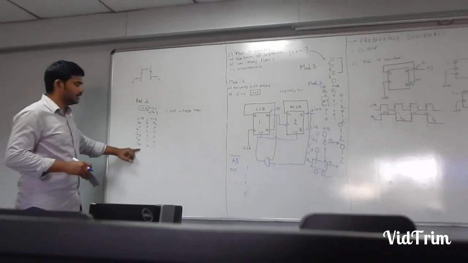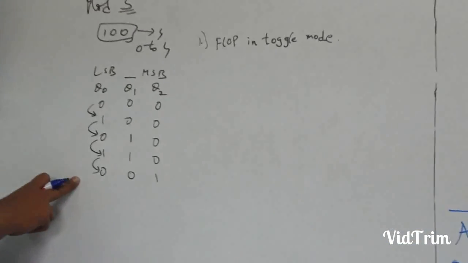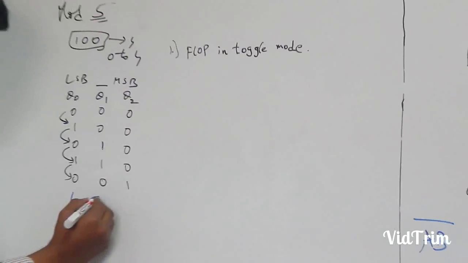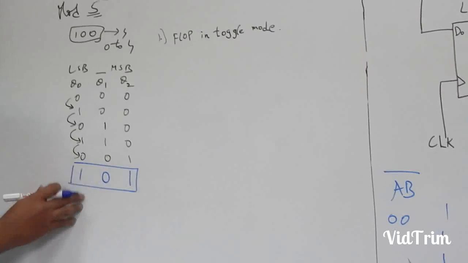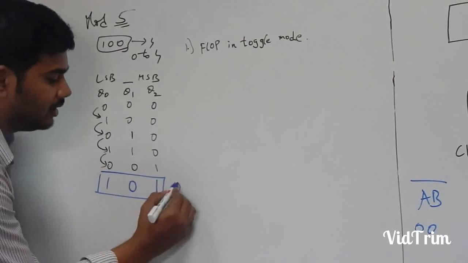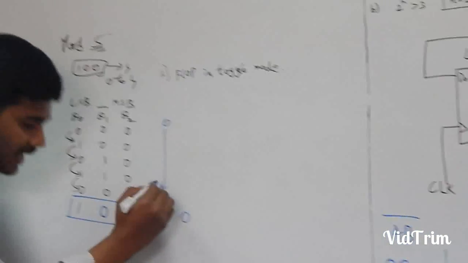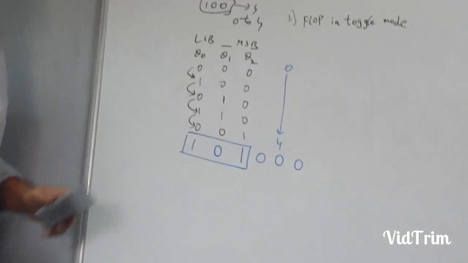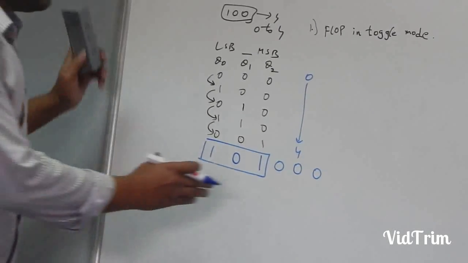If you use an AND gate, like I told, for some other counter, it's okay. Let's say this is a mod 5 counter. It will count from 0 to 4. After this, it actually counts 1 0 1. But what is our requirement? At this 1 0 1 place we should get 0 0 0, because it counted 0 to 4 and again 0 to 4, it should repeat. So what should I do?